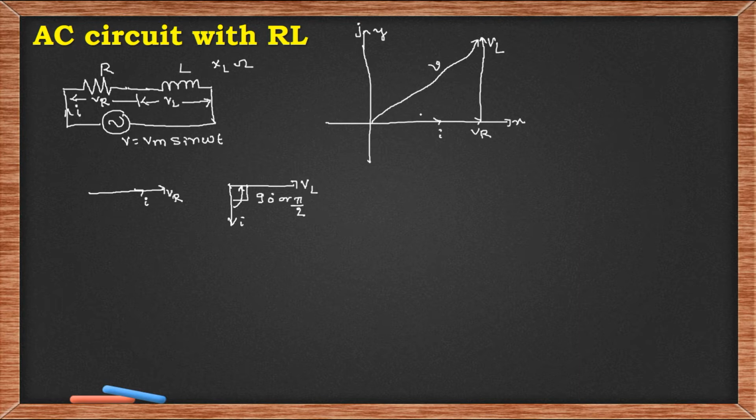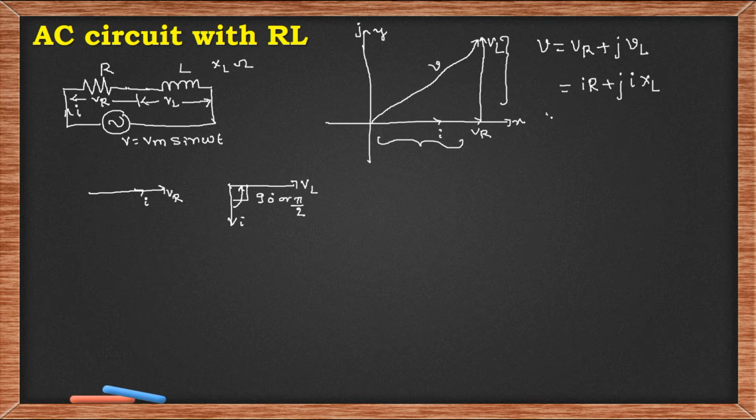Here VR and VL are complex numbers. VR indicates the real number and VL indicates the imaginary number. Therefore the applied voltage V is equal to VR plus JVL. VR is the voltage drop across the resistor and VL is the voltage drop across the inductor.